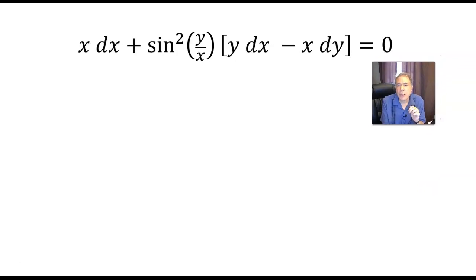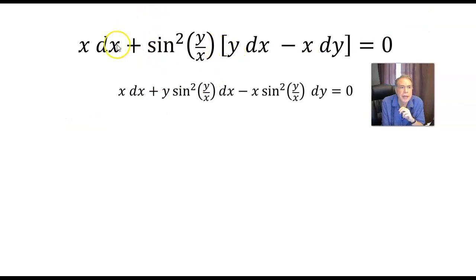Here we're solving the equation x dx plus sine squared of y over x times the quantity y dx minus x dy equals 0. Now, to see if this fits the kind of thing that I was talking about, let's multiply some things out so we can see, okay, what is the coefficient on dx and what is the coefficient on dy in this equation?